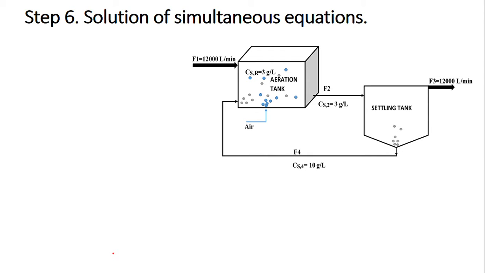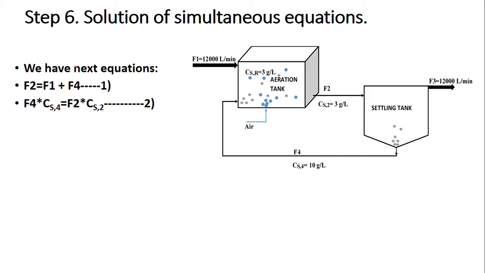Step 6. Solution of simultaneous equations. We have the next equations, equation 1 and equation 2. Equation 1 represents the overall mass balance, while equation 2 represents the component mass balance.